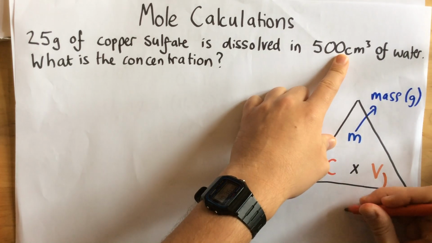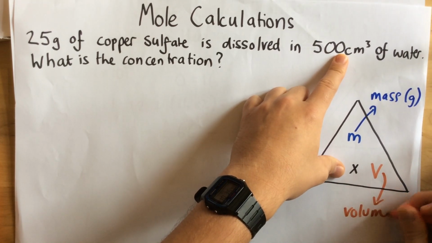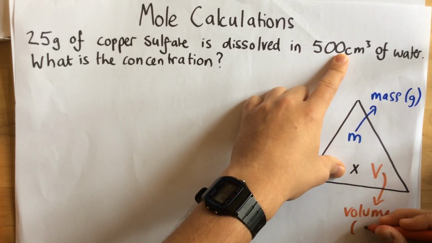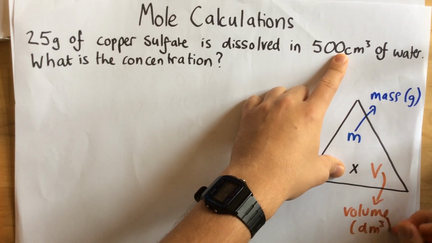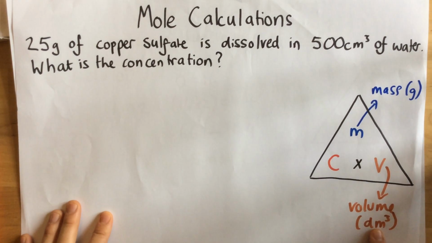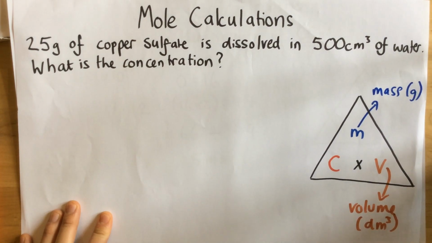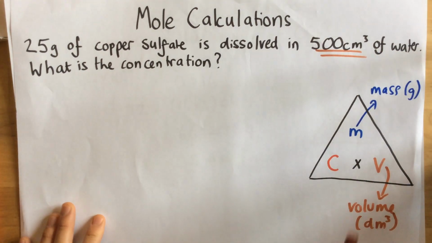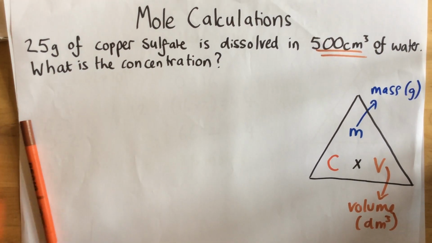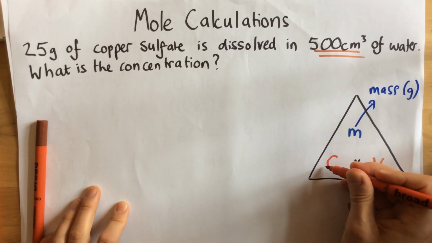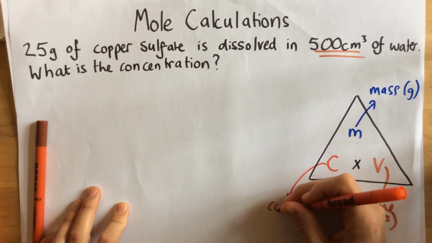Then the volume. Whenever we're doing mole calculations, the volume is in decimetres cubed rather than centimetres cubed, so we're going to have to do a conversion in a minute. There's our volume. And finally, we have C, which stands for concentration.